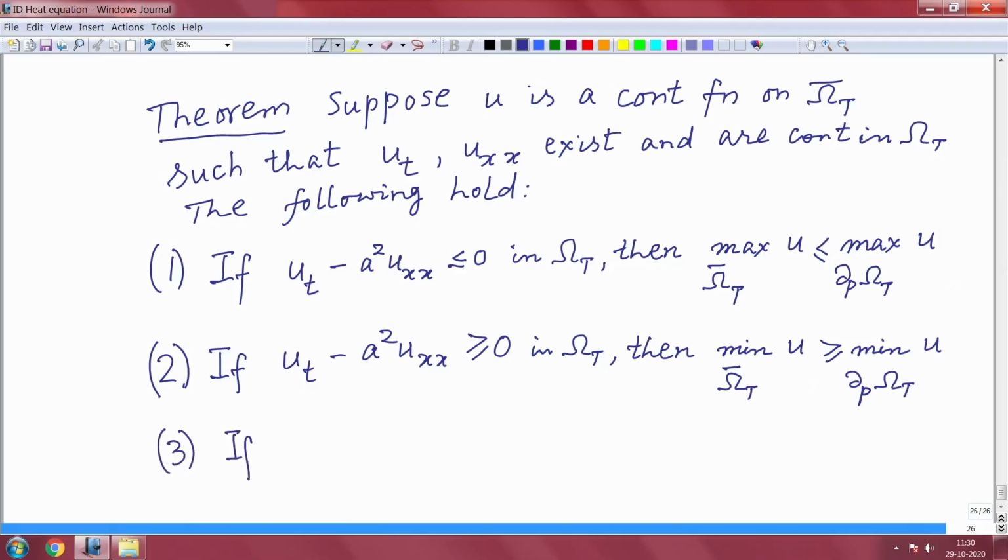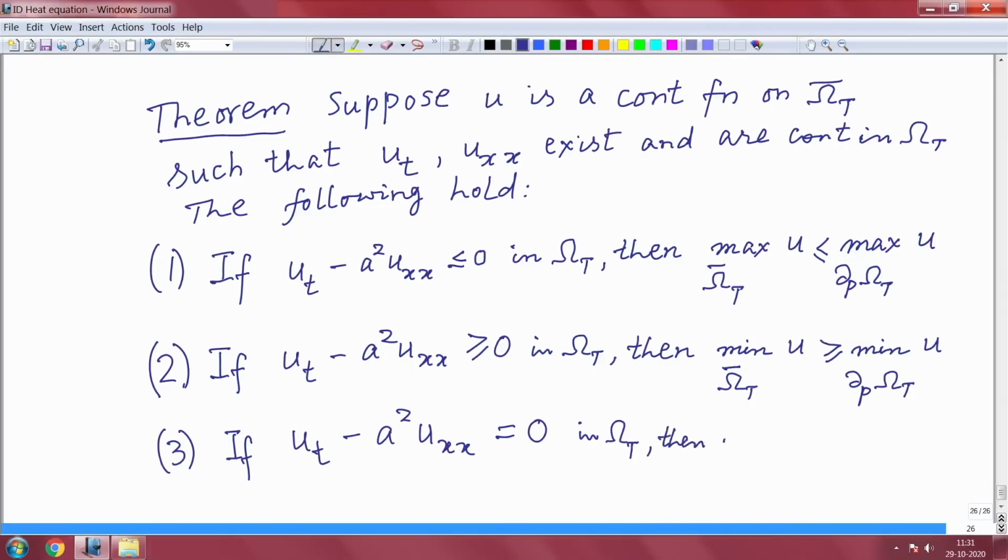If u t minus a square u x x equal to 0 in omega t, so u satisfies the heat equation in the domain omega t, then you combine these two.